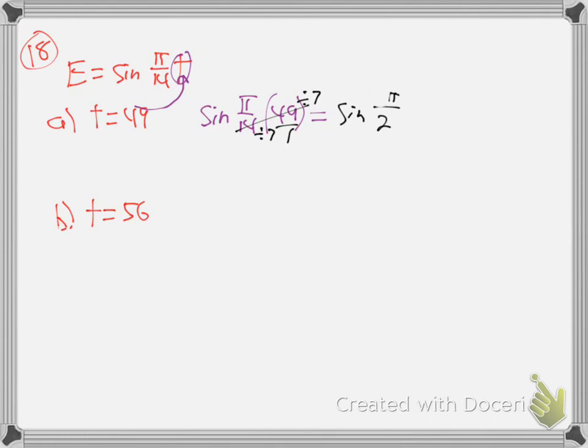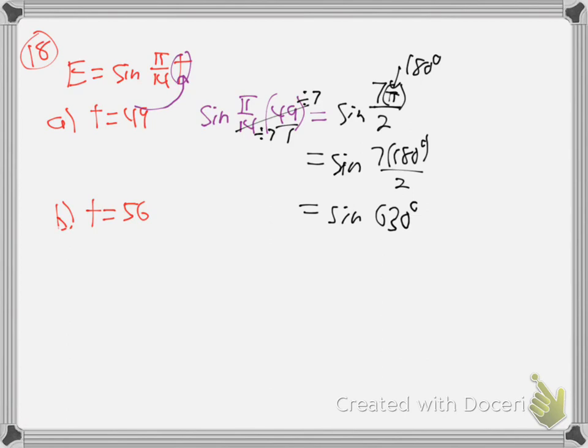Now, 7 pi over 2, that's not on my unit circle, because that's more than 360. If you wanted to stick in 180 for pi, you could do that now. So that would be sine of 7 times 180 over 2, which is sine of 630 degrees.